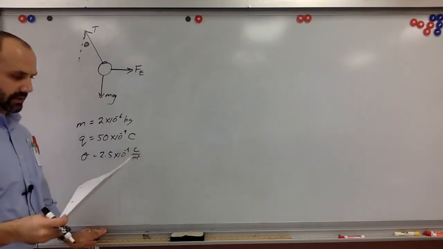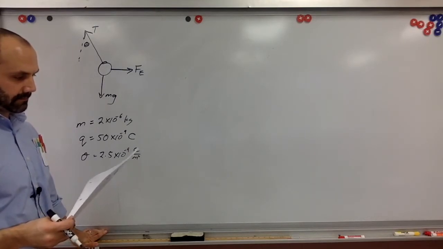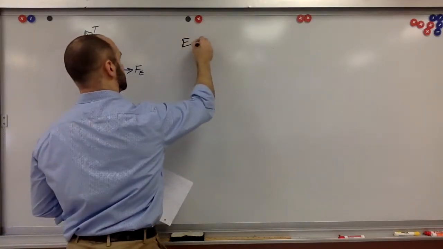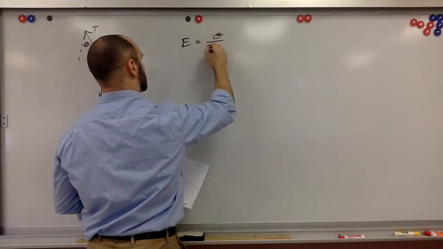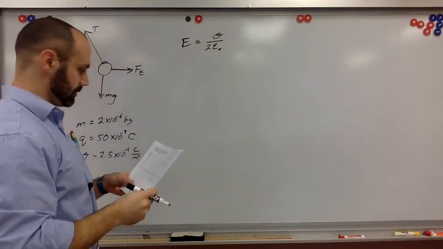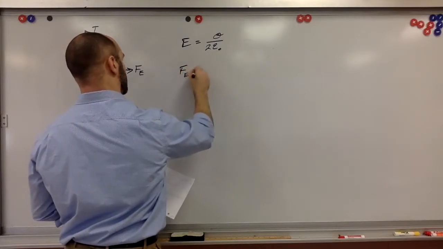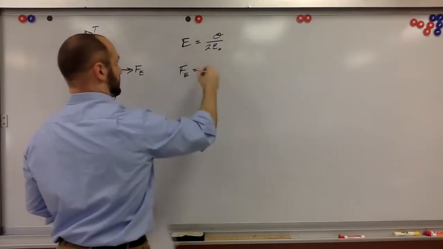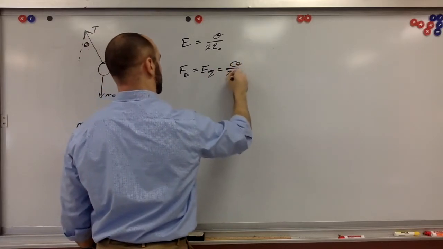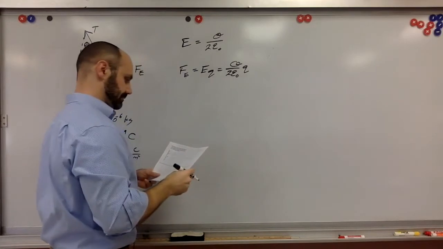And so now we want to find the angle of the thread. It's a non-conducting sheet, and so the electric field is given by sigma over 2 epsilon naught. And so the electric force is EQ, right? So sigma over 2 epsilon naught times the charge.